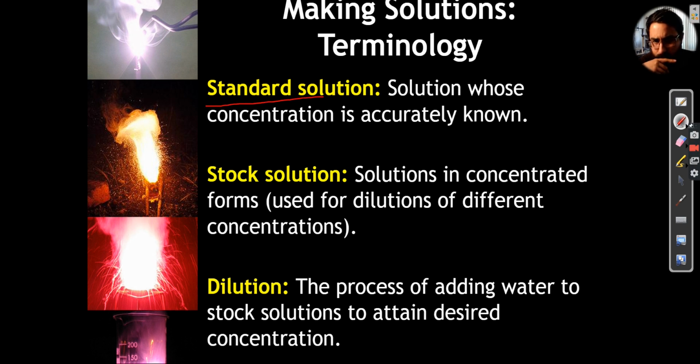Now, there's a little bit of things you need to remember, or you need to memorize. A standard solution. A standard solution is a solution that has a very, very accurate concentration. Usually something like this you will buy from a manufacturer, or you do experiments to verify its accuracy.